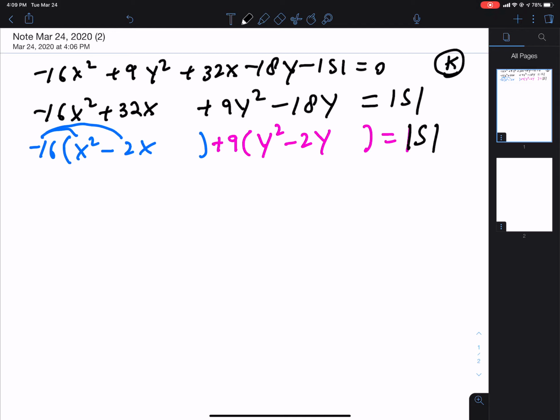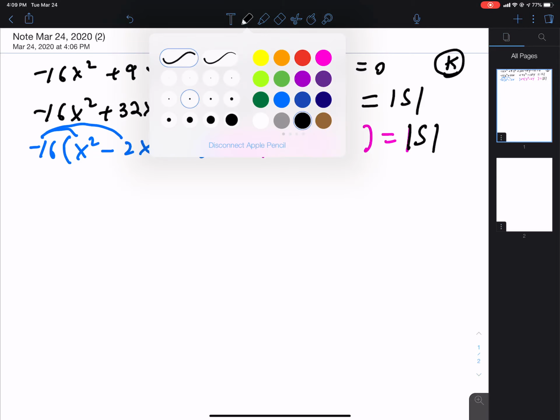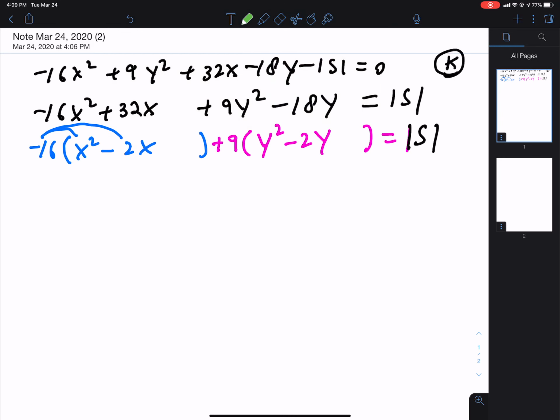Now, here is what we need to do. We have to figure out the magic number. I will do it in green. There's a magic number that's going to go here, and a magic number that's going to go here. So the secret is you have to take half of this number here, half of that, and square it, and that's going to be 1.